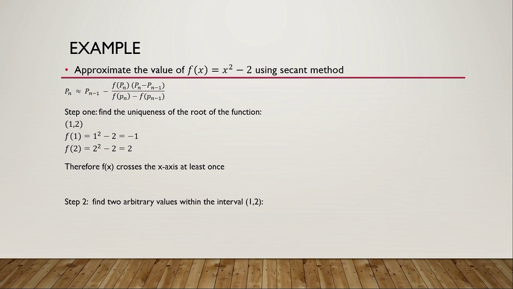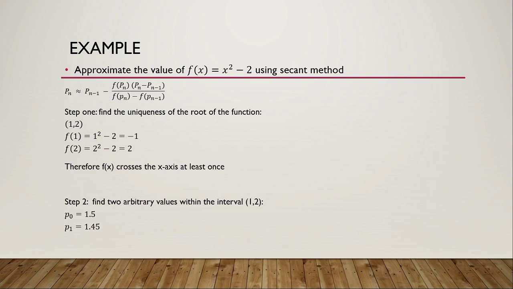Right? Good. So we find two arbitrary values within the interval [1, 2]. So rather than using one arbitrary value, we're using two. So P0 is going to be equal to 1.5 within the interval, and P1, let's just say something less, which is 1.45.